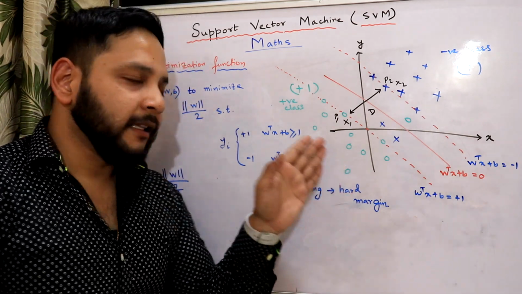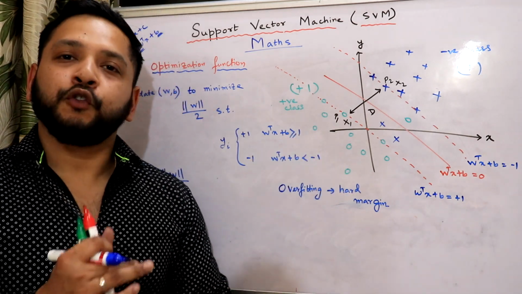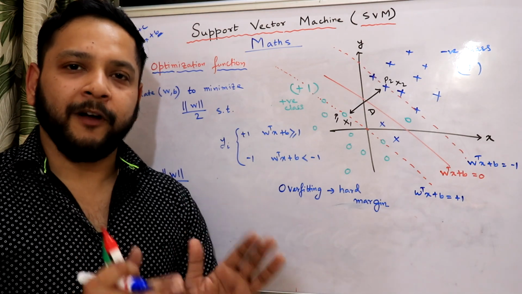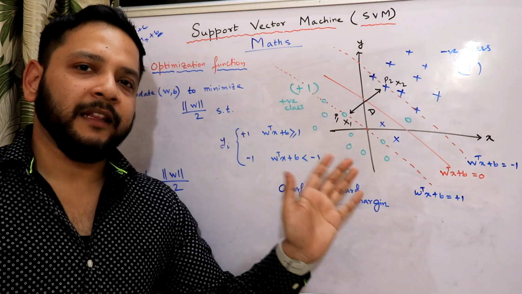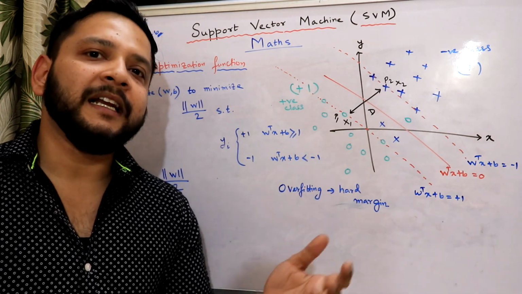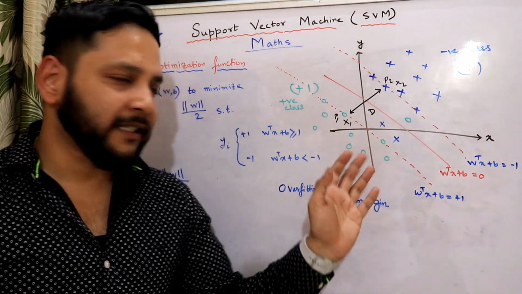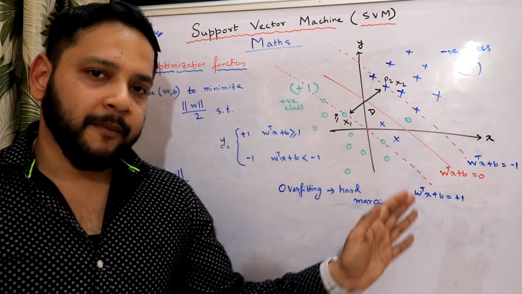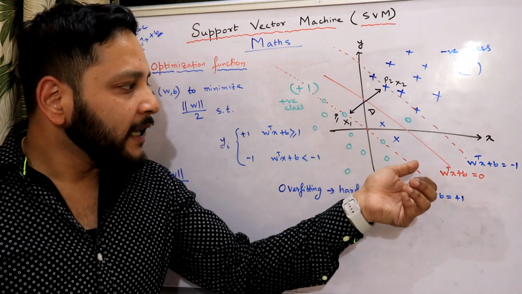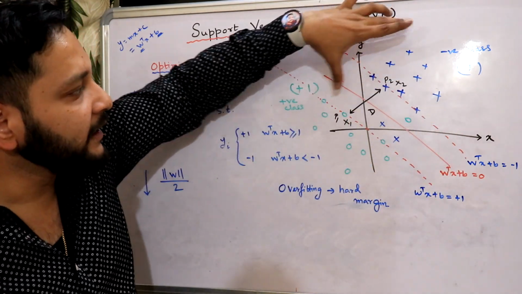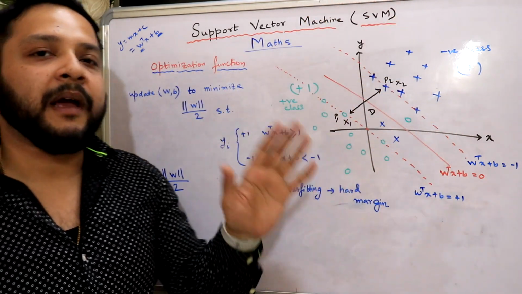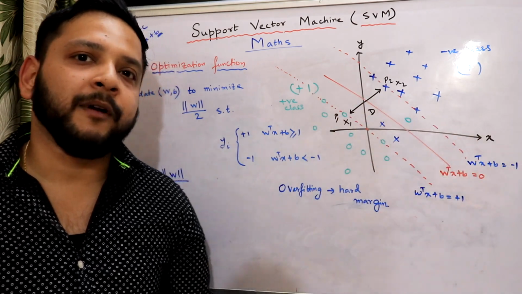It means the model has been trained so much that it is overfitting. This hyperplane is learned in such a way that it can classify the points in this arrangement properly, but if some other test point comes, then it will not be able to classify it.